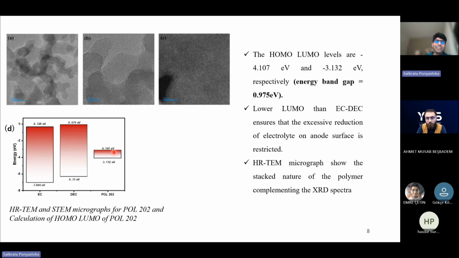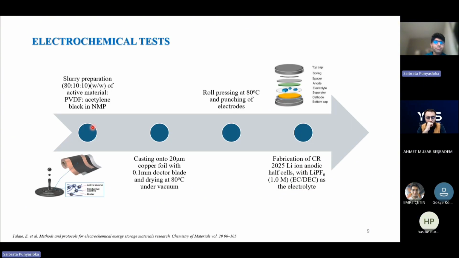It is an inherent quality of any battery mechanism during the first cycle. But at the same time, because this is very low compared to this, the LUMO will accept it; there's a higher probability that the electron comes into this orbital rather than this orbital. And so a lesser amount of electrolyte reduction takes place.